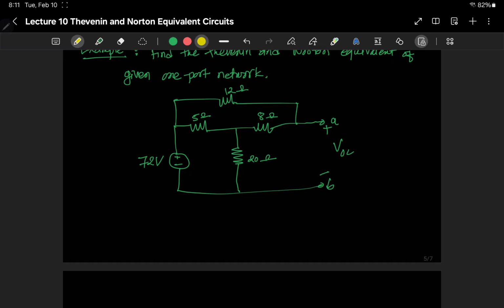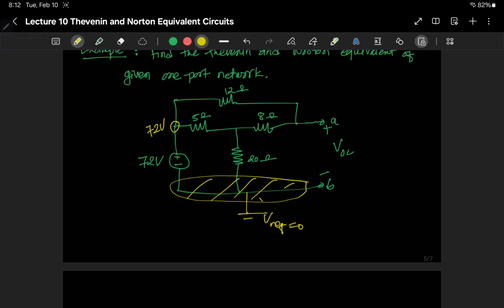So let's assume I'm going to use the node voltage method. If I assume this as the reference node, Vref is equal to 0, and this voltage will be 72 volts. We'll have two nodes of unknown quantities, let's say Vx and Voc. So we have two unknowns.